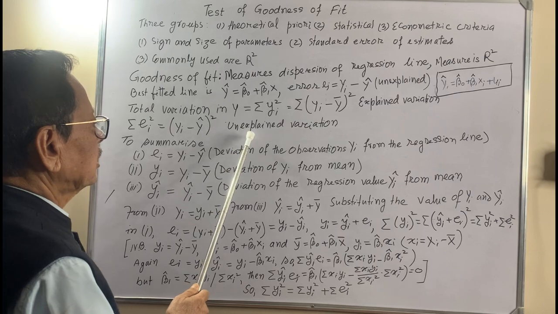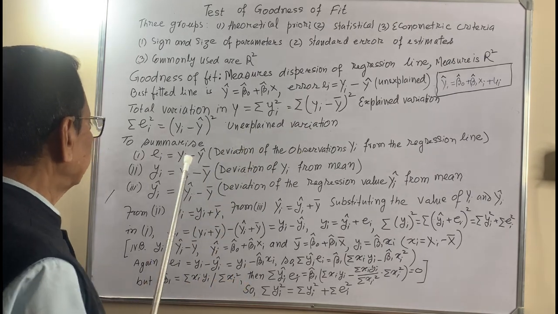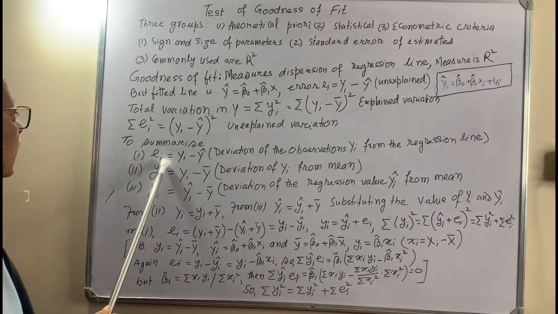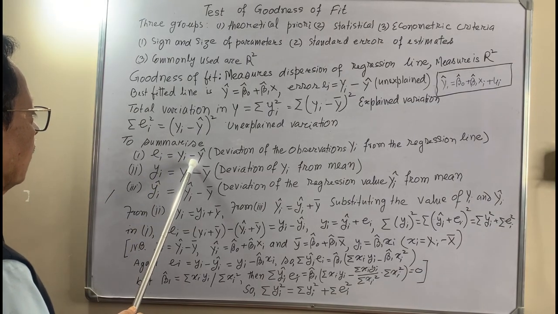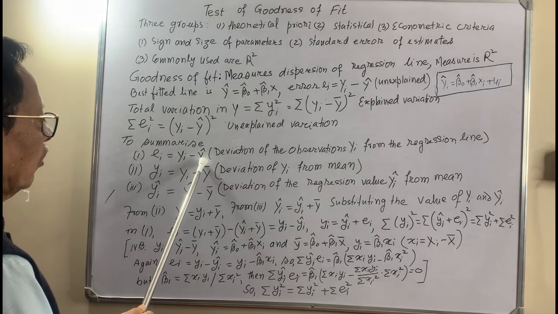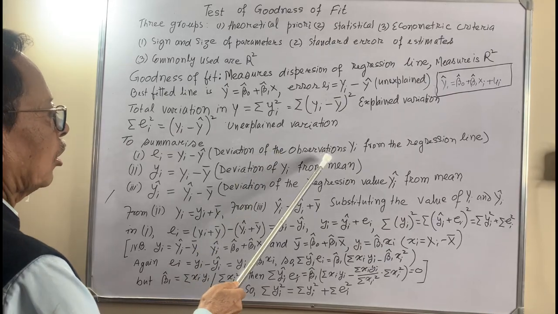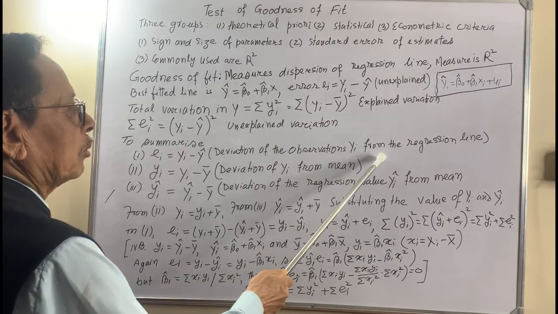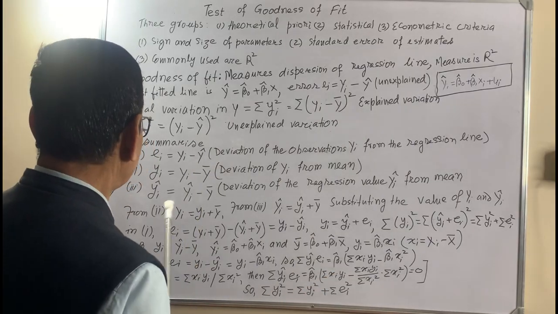Now this is unexplained variation, and to summarize, e_i is equal to Y_i minus Y estimated. So that is the deviation of the observations Y_i from the regression line.